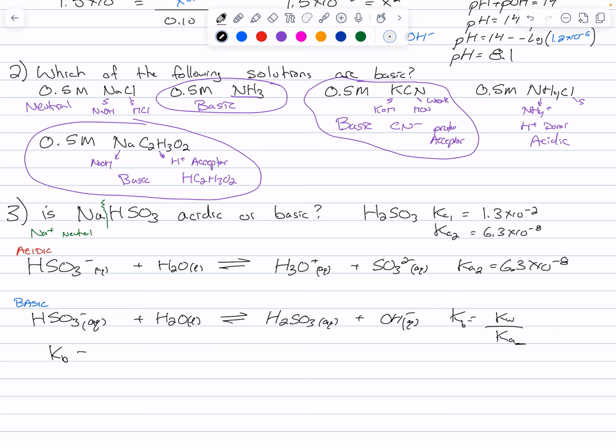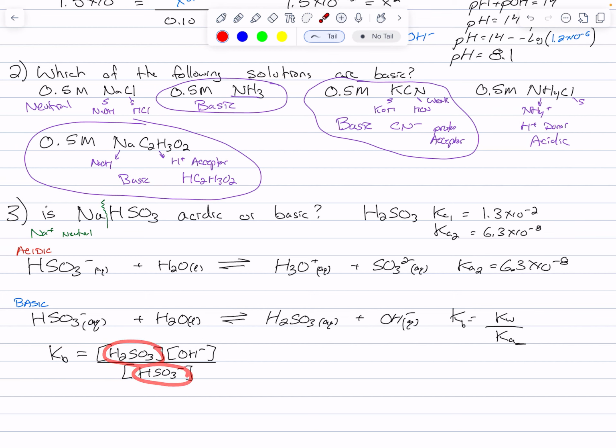So Kb here would be equal to H2SO3 times hydroxide all over HSO3 minus. Well, I need the Ka that would multiply by this Kb to cancel out sulfurous acid and hydrogen sulfite.